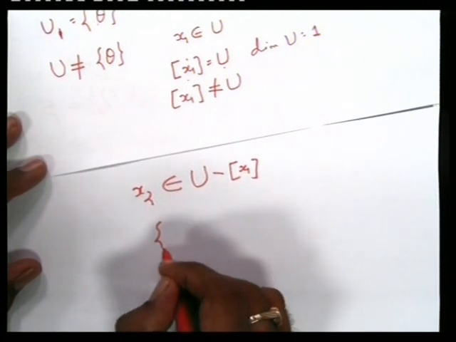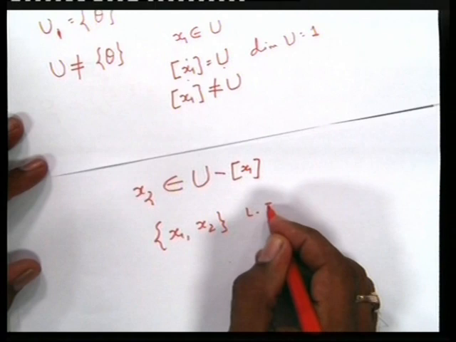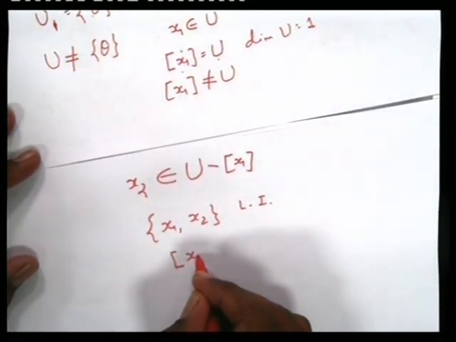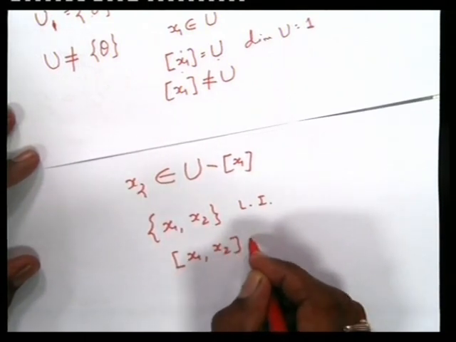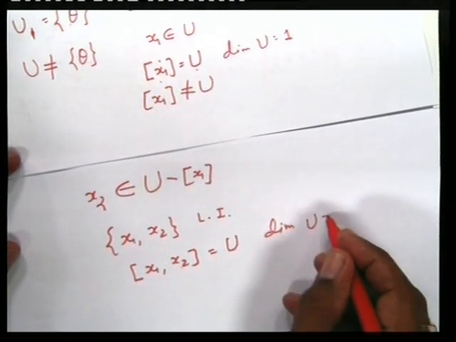Then the set of vectors x1, x2 will be linearly independent. And if the span of x1 and x2 is equal to U, then the dimension of U will be 2.